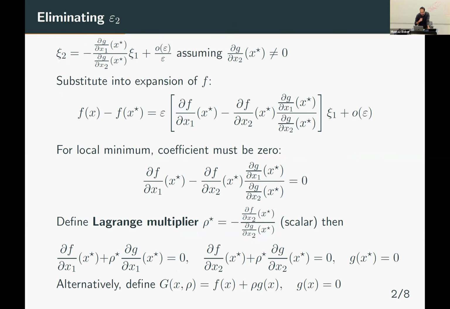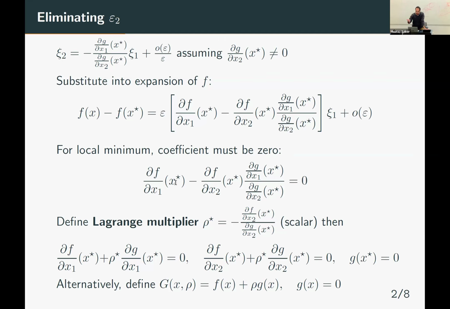Now look at this condition. This condition is nice because it takes into account f and g at the same time, and all of these terms are evaluated at x star. So this is a promising condition to work with.